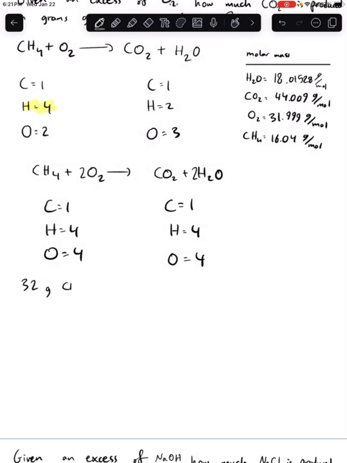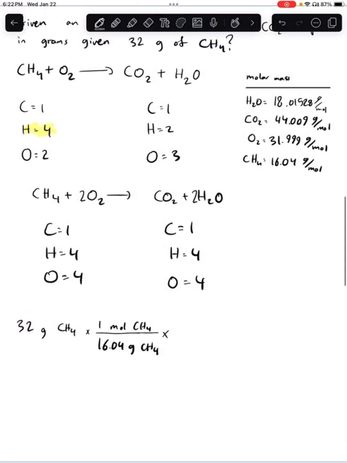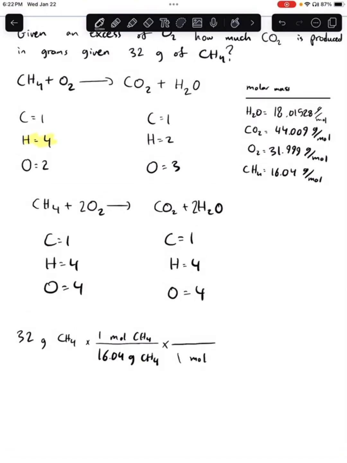CH4, right? Using the molar mass, we know that for 1 mole of CH4, we have 16.04 grams. And for 1 mole of CH4, you have 1 mole of carbon dioxide.